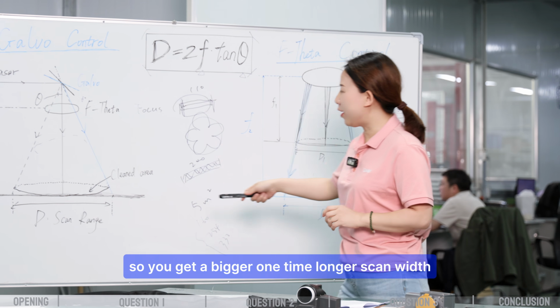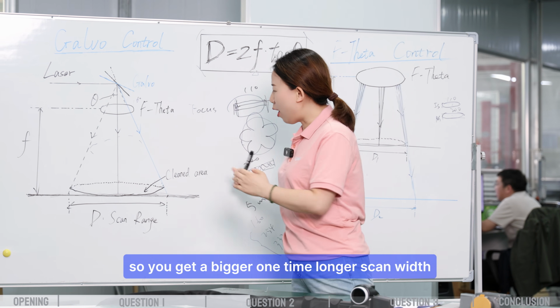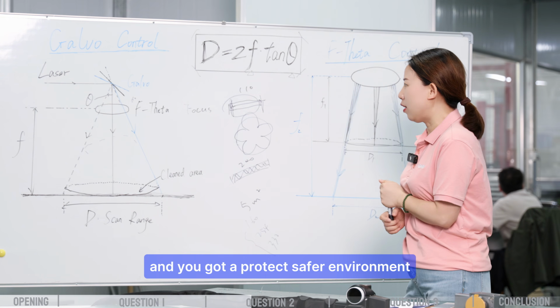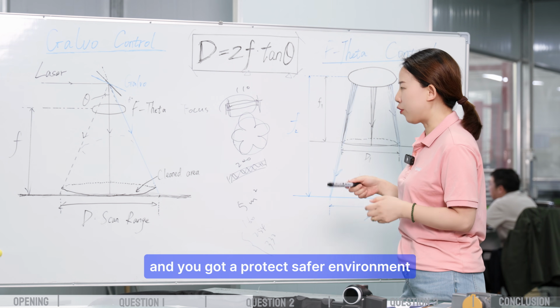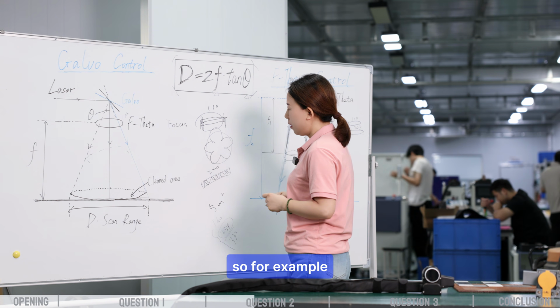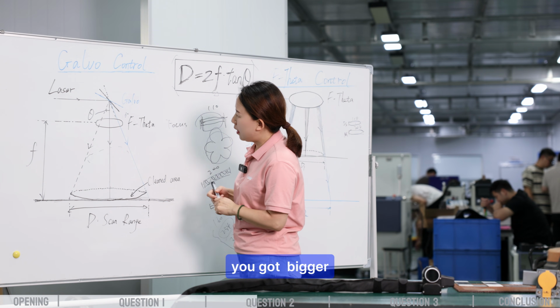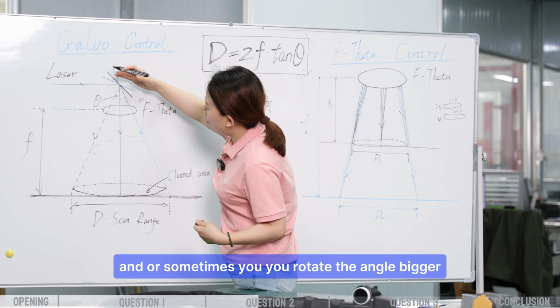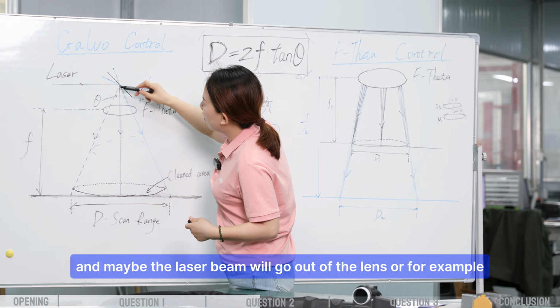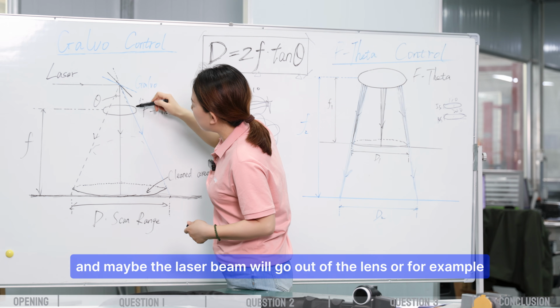You get a bigger scan width, and a safer environment. For example, if you go 330, you get bigger, or sometimes you rotate the angle bigger, and maybe the laser beam will go out of the lens.